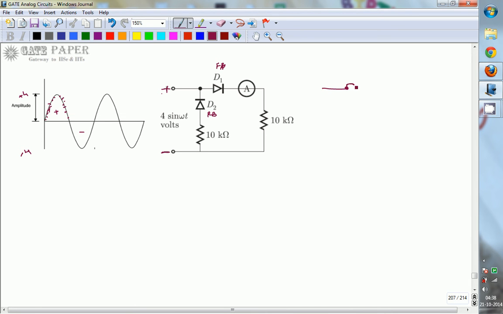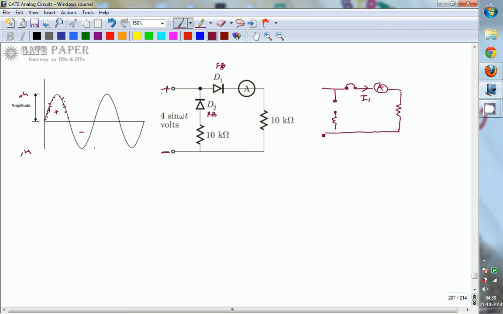Diode 1 acts as a short circuit and a current flows, which we are assuming is I1, through the resistor. Diode 2 acts as an open circuit, so I am not drawing anything.